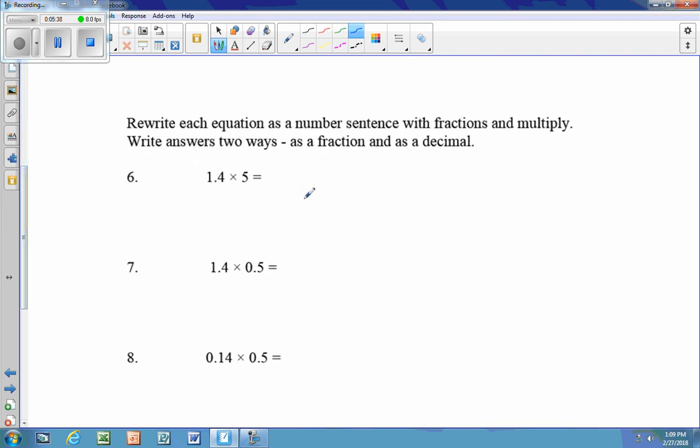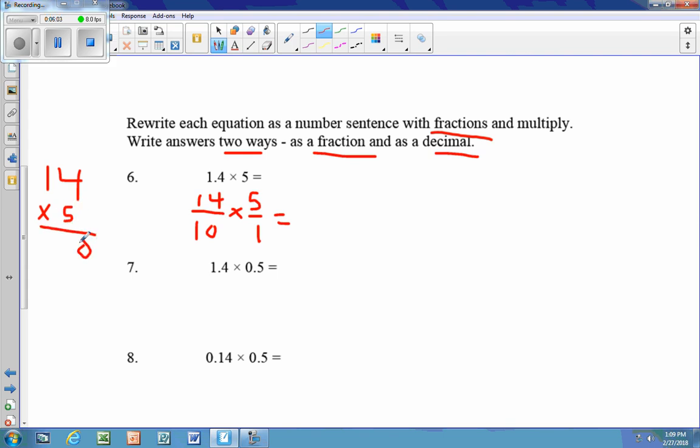This time it says to rewrite the answers as fractions, and then write the answer as both a fraction and a decimal, so I have to do both. So this is 14 tenths times 5/10, not 5/10, I apologize, 5 over 1. And when I multiply 14 times 5, some of you might need to do this on the side, so you can leave this on the side so you have it.